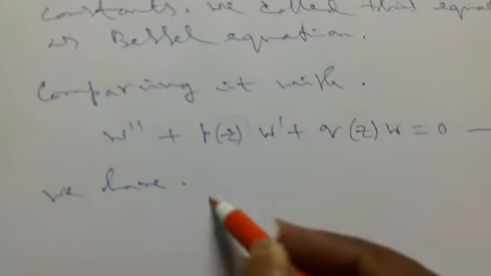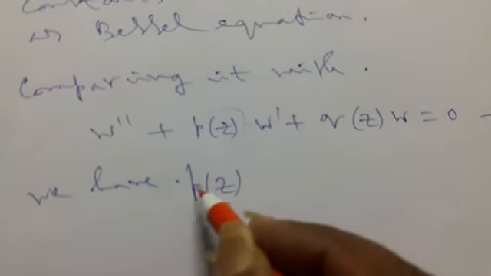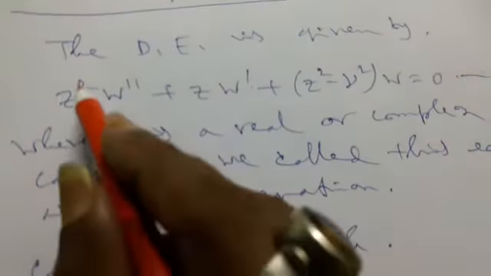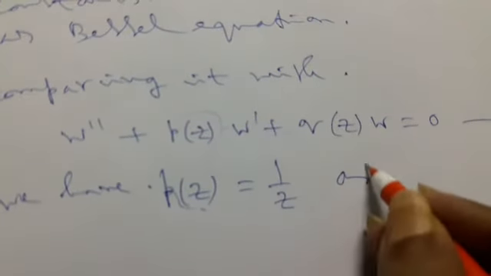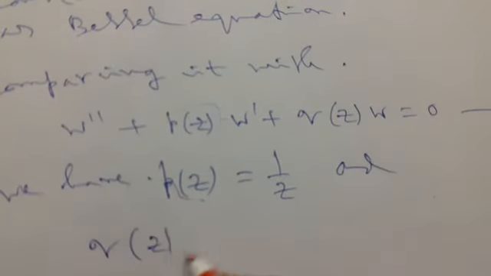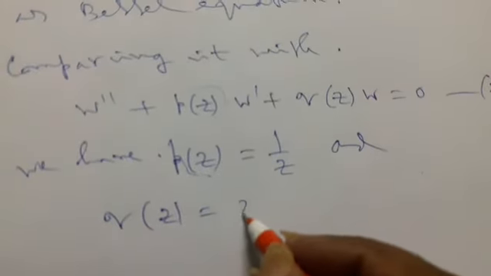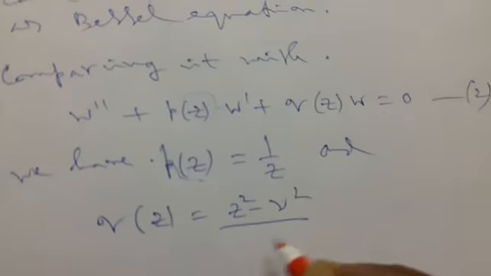So it is clear, if we divide by z square, p(z) will be 1 by z, and q(z) will be (z square minus gamma square) by z square.